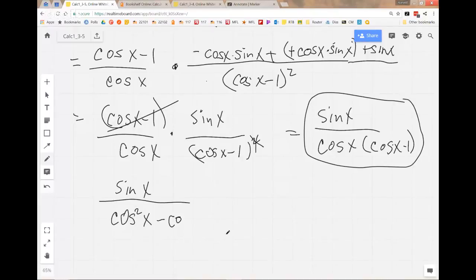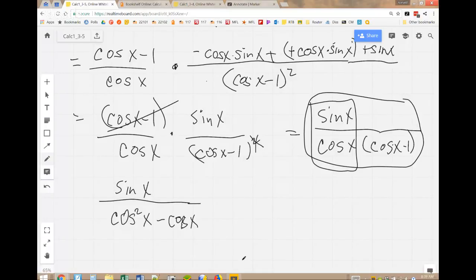I mean, you could multiply that out like I was starting to do here. I was thinking this part you could write as the tangent, but I'm not sure it helps. You still got this 1 over cosine x minus 1. So somewhere in there is where I would leave the answer.